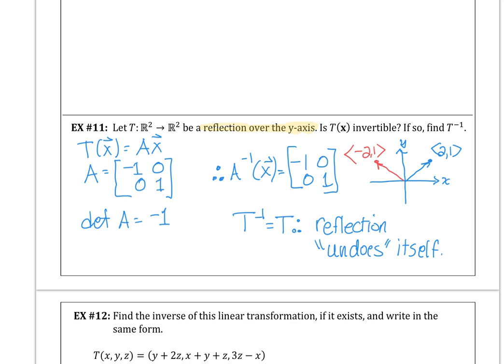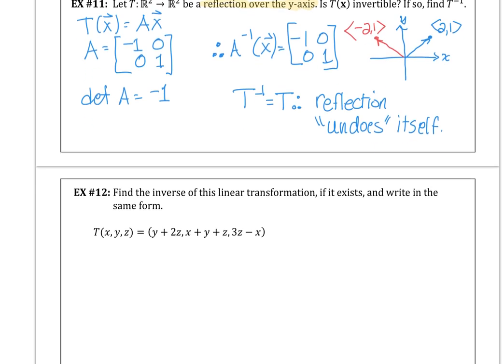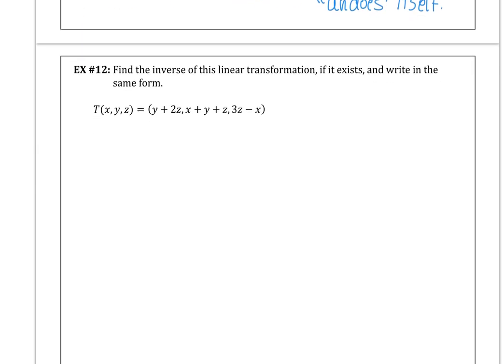Example 12, we want to find the inverse of the linear transformation if it exists and write it in the same form. So they're giving us, let's go to the highlighter, write it in the same form, and they're giving us this transformation.